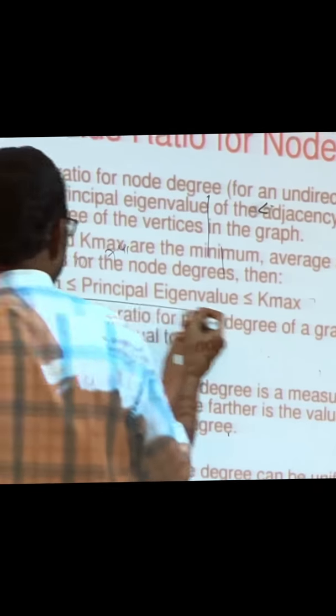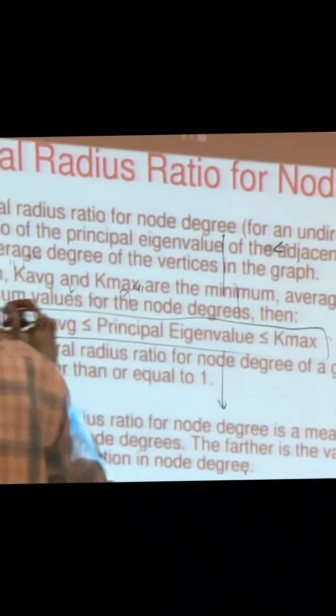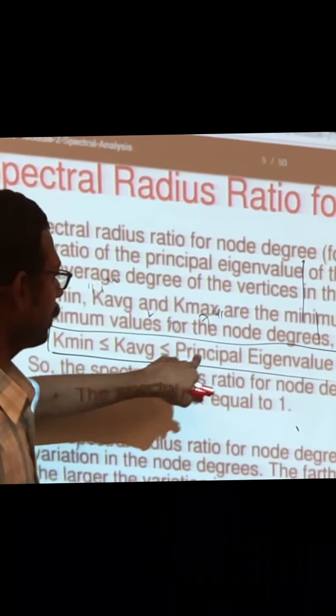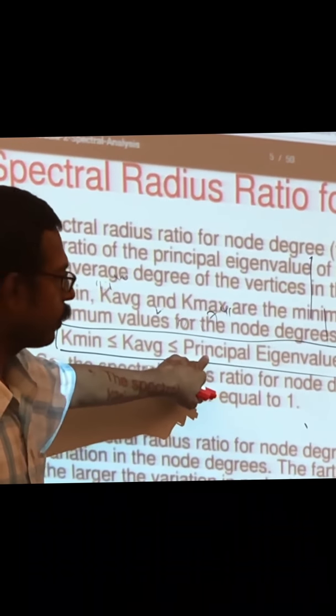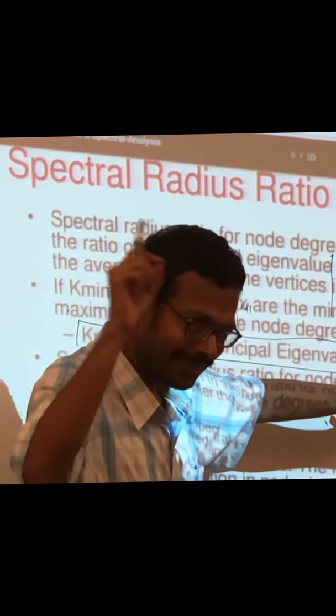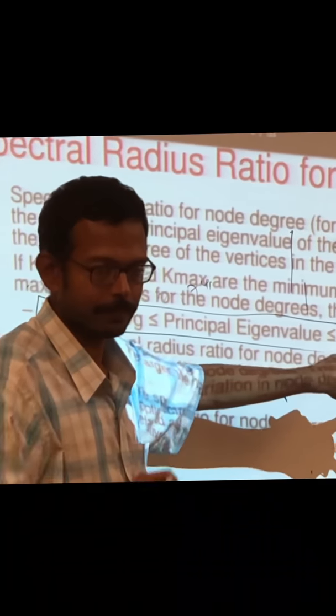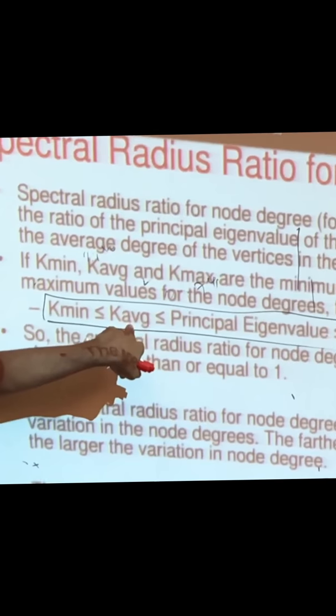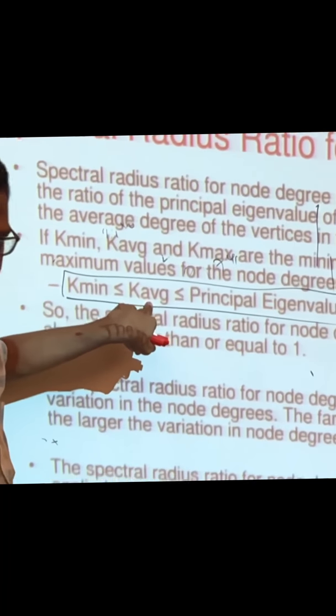Now there is a very interesting property which somebody showed. This is the property. Here k means degree. The principal eigenvalue is always going to be less than or equal to the maximum degree of any vertex in the graph, and it is also greater than or equal to the average degree of all the vertices.